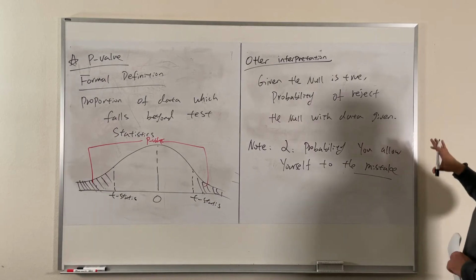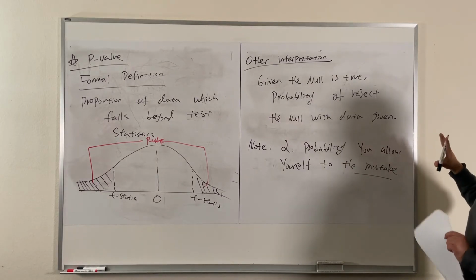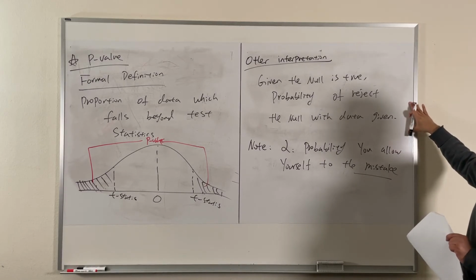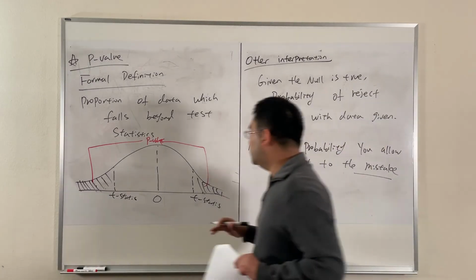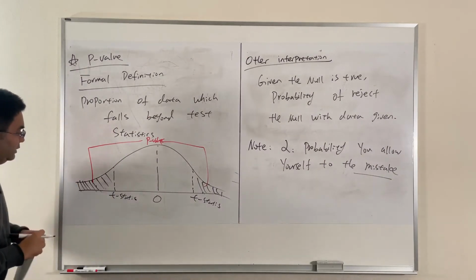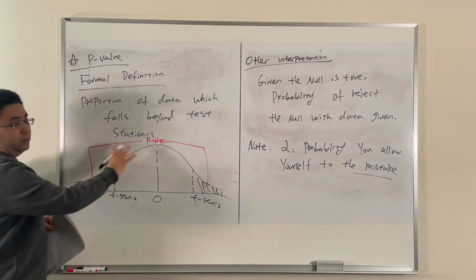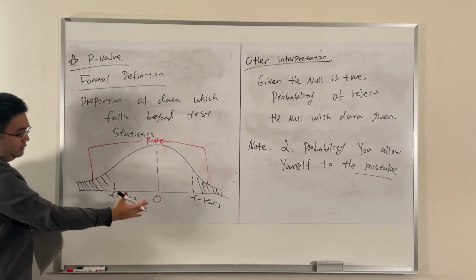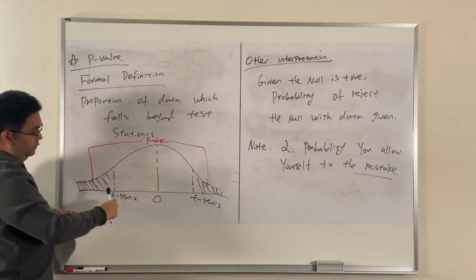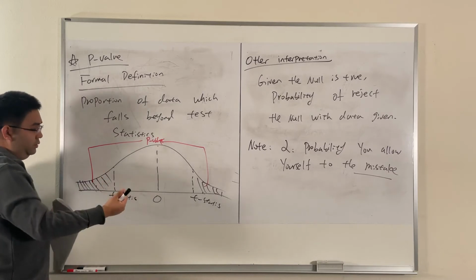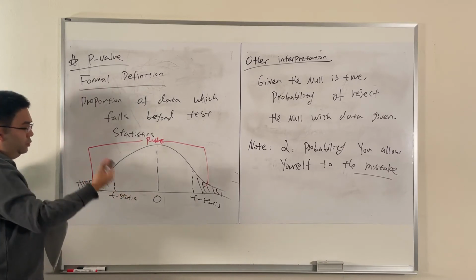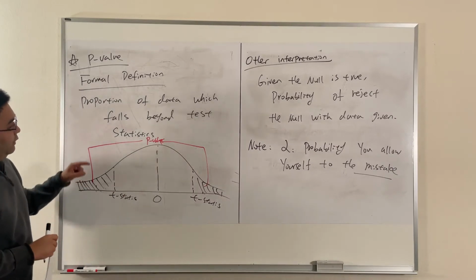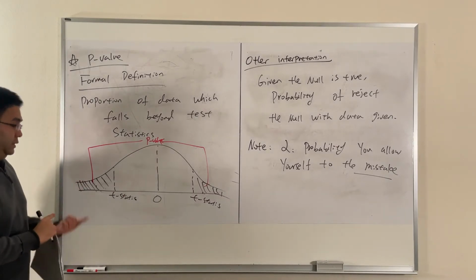Okay. And then before we go into how you can use this concept to do decisions, I want to quickly point out that to get your p-value from a z table, it's the same as how you would use a critical value to find your null. So finding a p-value, you would do the opposite, right?